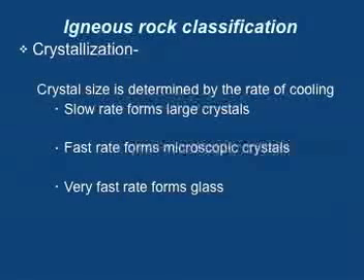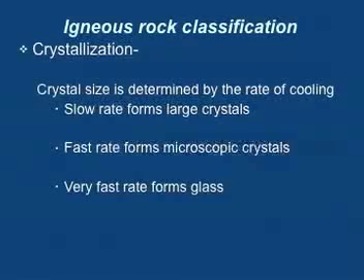Crystallization, we talked about this again, is the act of cooling making that regular repeating internal structure in our solid. What determines how big the individual crystals are is how fast it cools. The slower it cools, the more time we have to make those individual crystals, and then the minerals are pretty large.